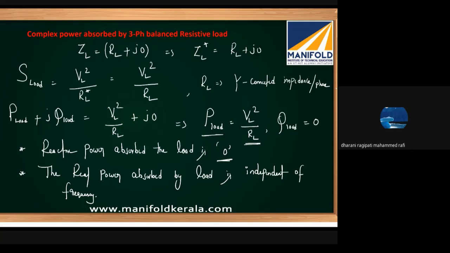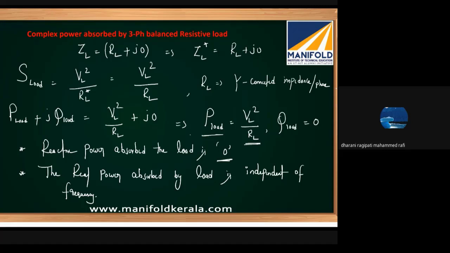There is hardly a drop of 250 or 300 volts in the transmission line. The difference will not be so drastic that if the sending end voltage is 33 kV, the receiving end voltage is 20 kV or 25 kV. The voltage drop won't be in such quantums. So the sending end and receiving end line to line voltages will be more or less the same, with a 2 to 3% difference.